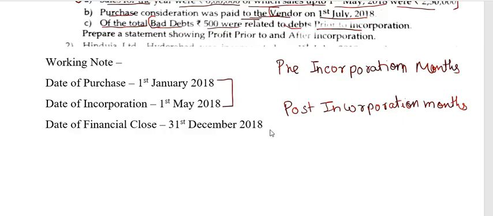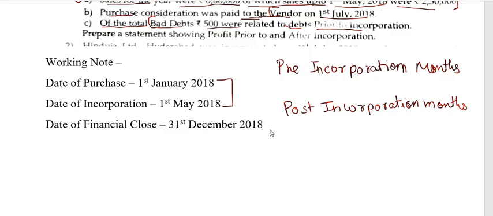So date of purchase is 1st Jan and date of incorporation is 1st May. That means from 1st Jan to 1st May, how many months will be there? 1st Jan, Feb, March, April, okay, and 1st May is the beginning month.